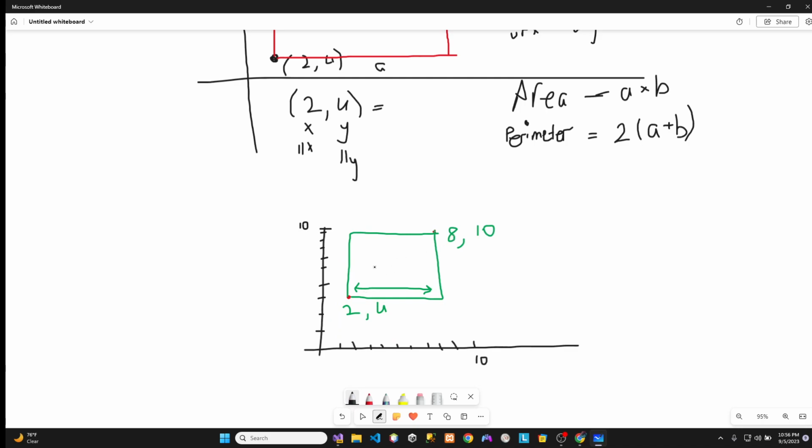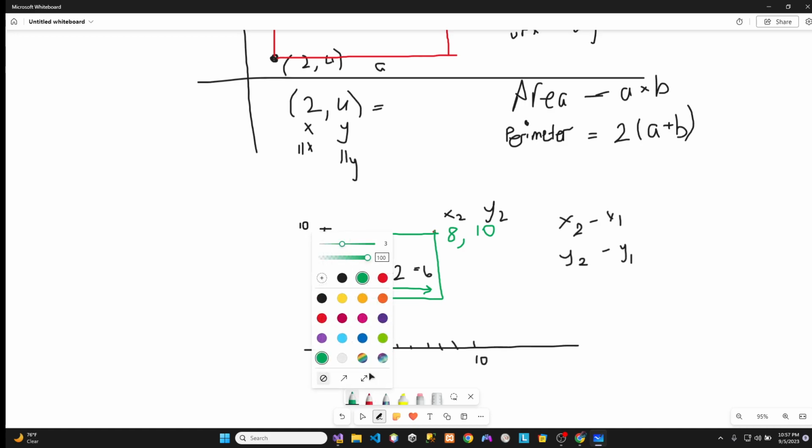We're gonna say this is x1, y1, the first two values, and this is x2, y2. The formula is x2 minus x1, y2 minus y1. So x2 is 8 minus 2, and we get this.